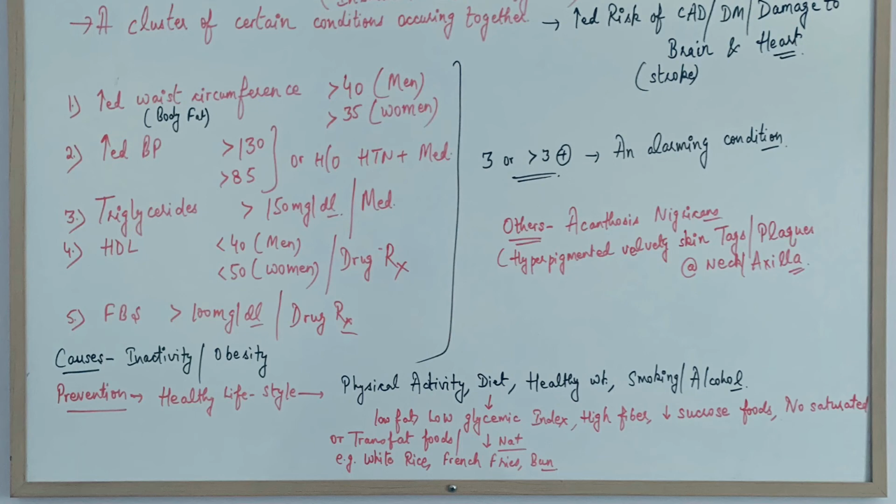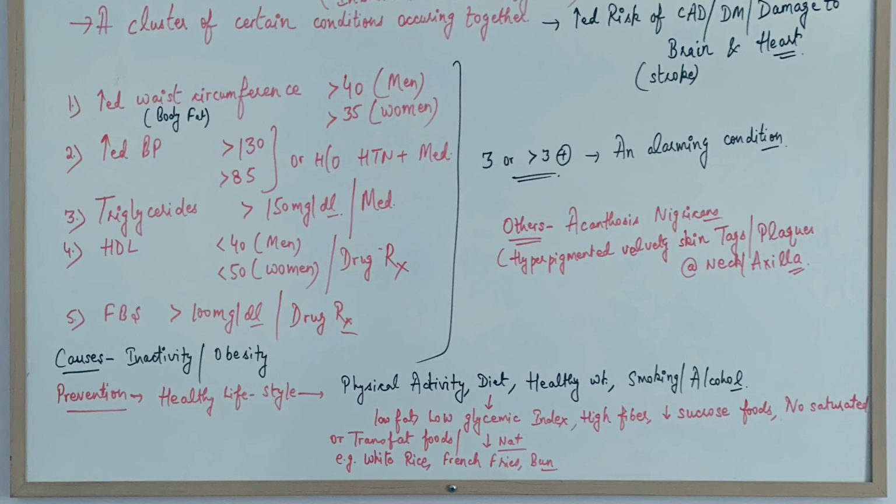And apart from that, insulin resistance syndrome can also lead to diabetic dermopathy. Now we should know what diabetic dermopathy is. It's a skin disorder, also called acanthosis nigricans, the other name of diabetic dermopathy. In this condition, there is hyperpigmentation in the skin.